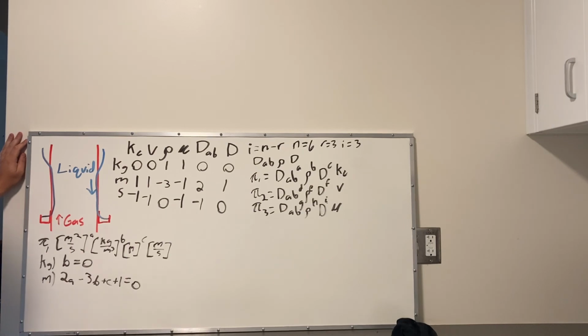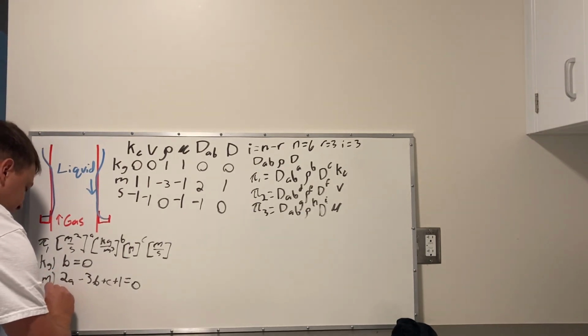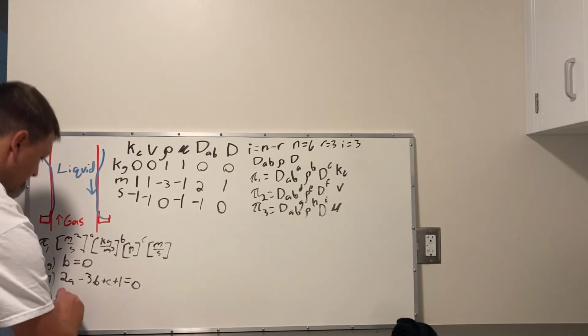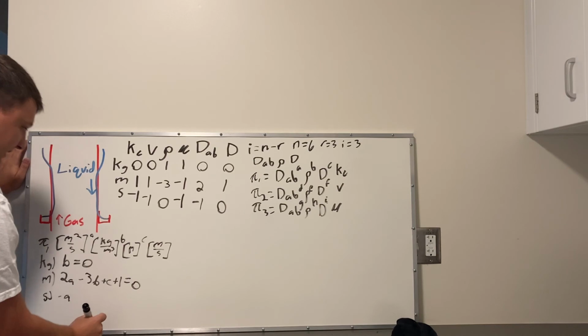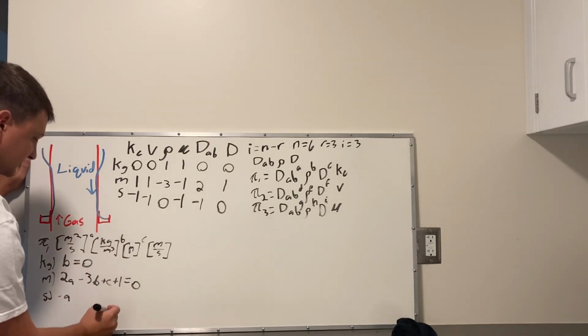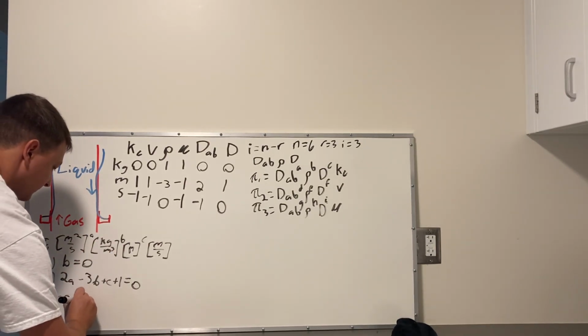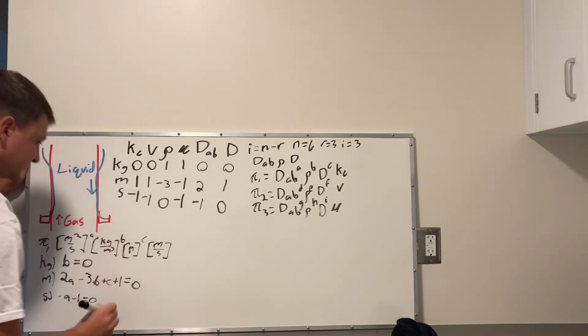Now we can't solve that one quite yet, even though we have B. So we're going to look at the time, or seconds, which is -A, nothing for B, and then nothing for C, -1 equals 0.